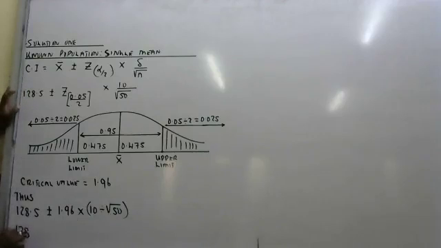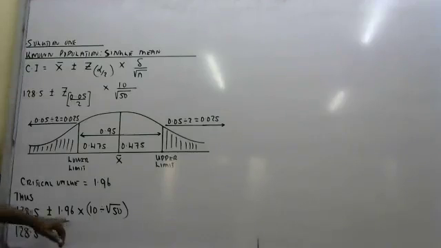So this becomes 128.5 plus or minus, give me this answer to 2 decimals. 2.77.